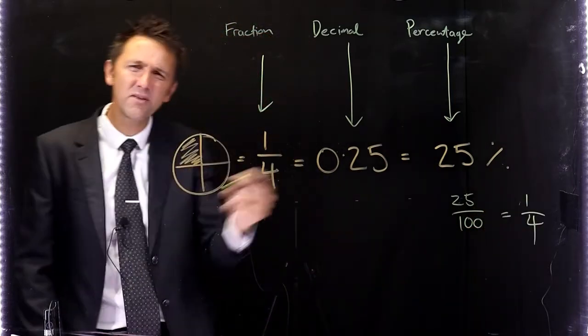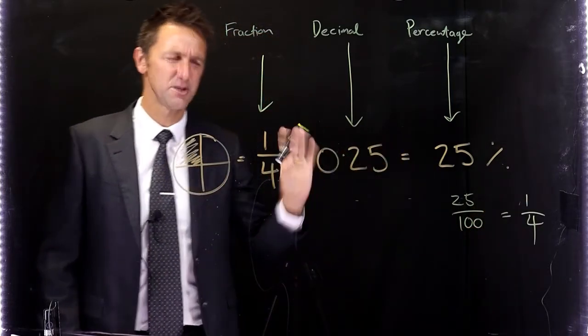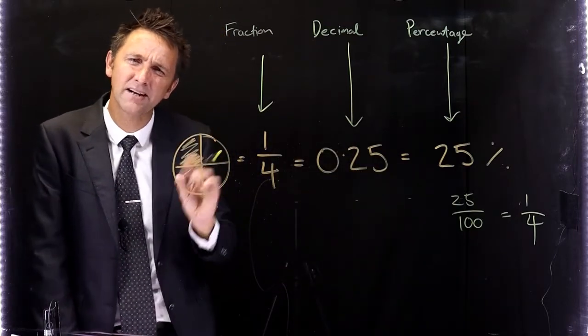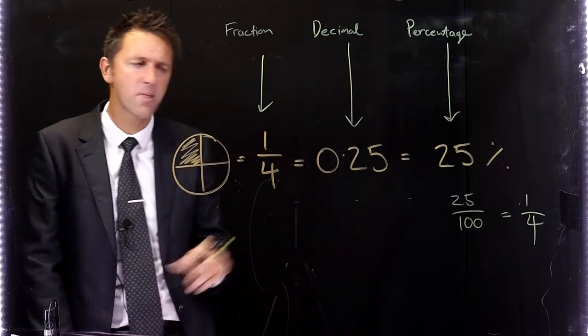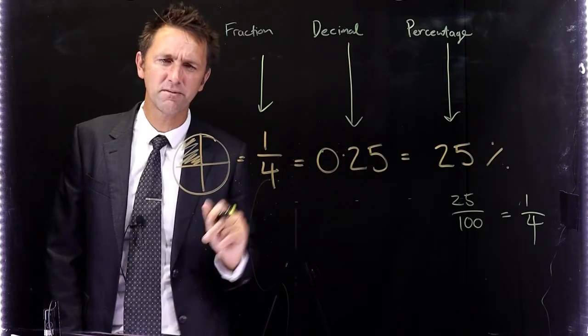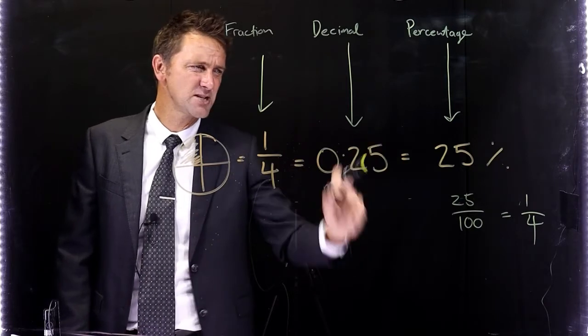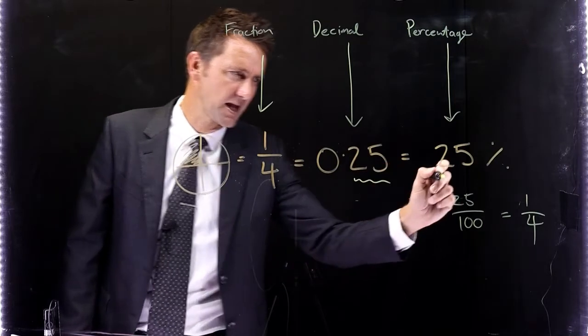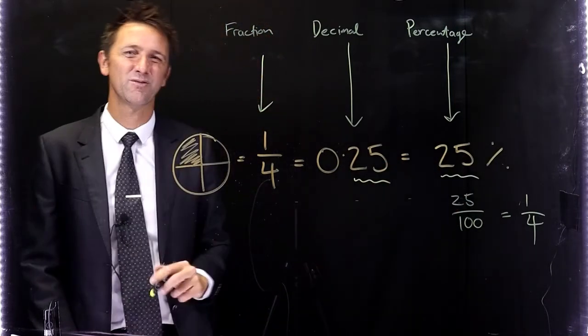And all of these, and I'm not really teaching you to convert today, so I'm not going to get stuck on that, all of these I want you to recognise as equivalent. I want you to know that 1/4 as a decimal equals 0.25, and as a percentage equals 25%. And you can probably see some relationships here beginning to form.